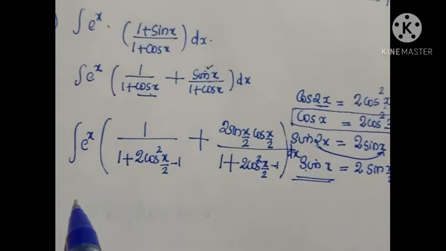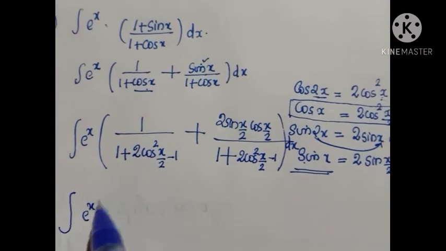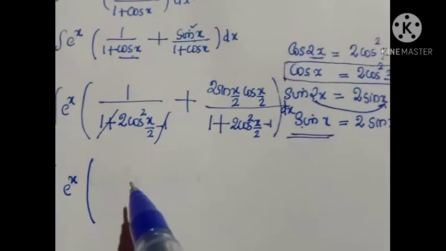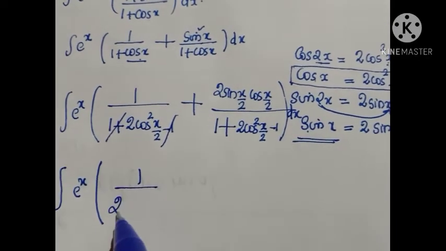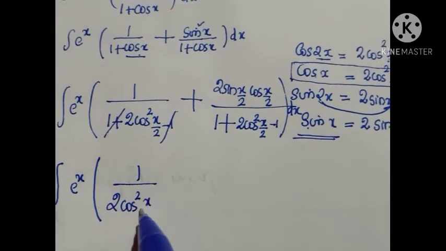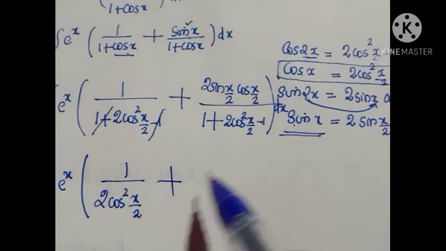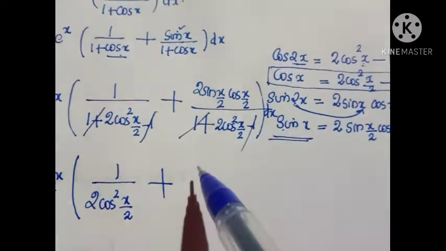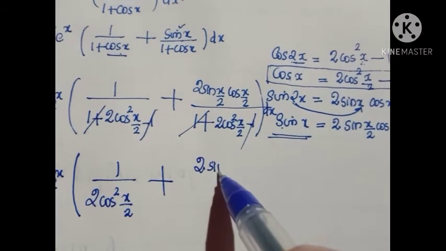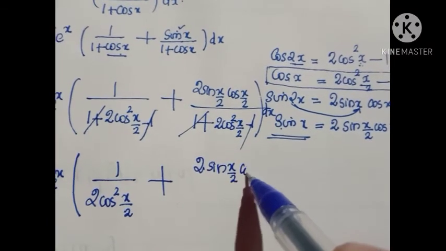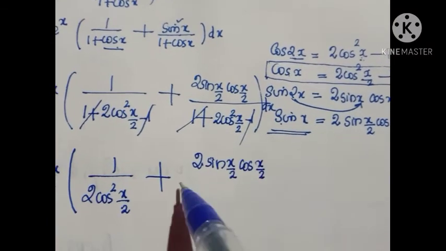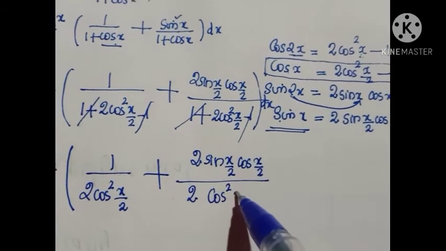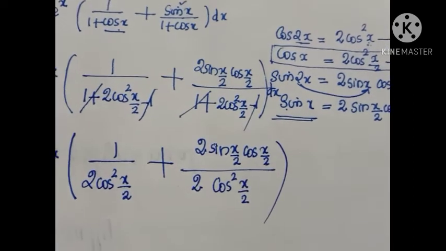Okay. And this can be written as e raised to x into, here this 1 and minus 1 cancel. So 1 by 2 cos square x by 2 plus, here 1 and minus 1 cancel. So numerator is 2 sin x by 2 cos x by 2, by denominator is 2 cos square x by 2.